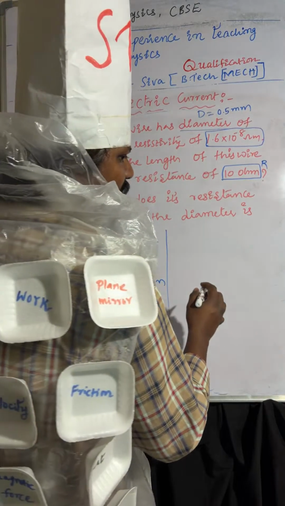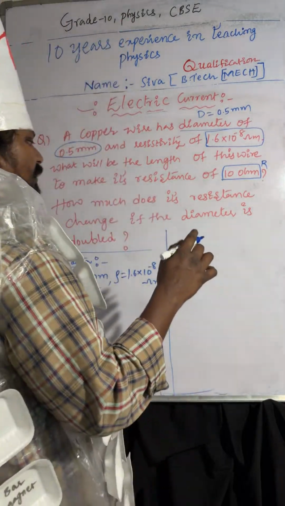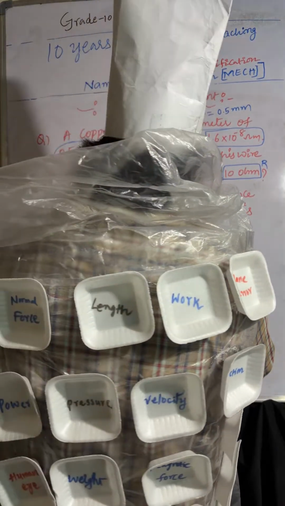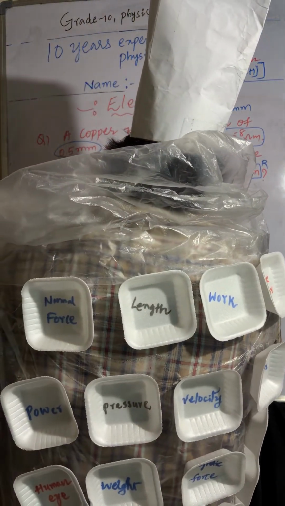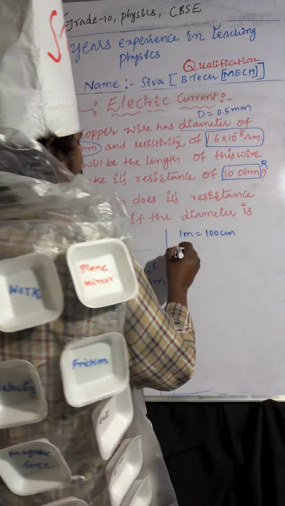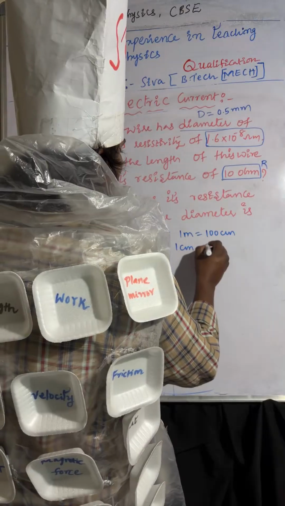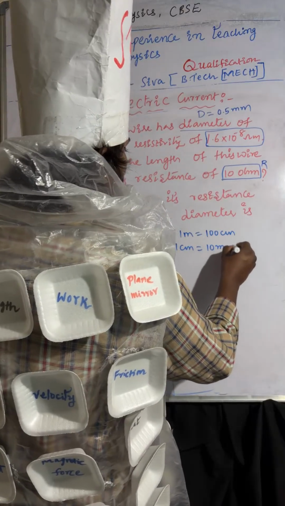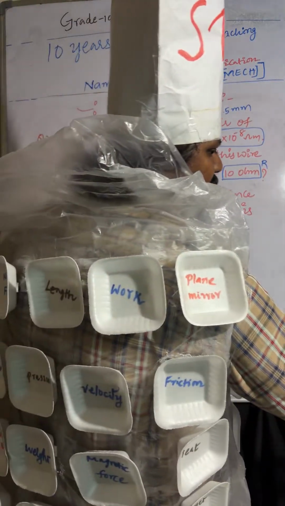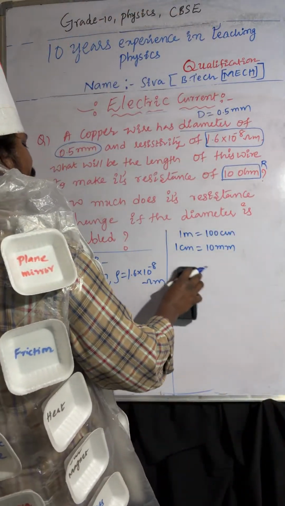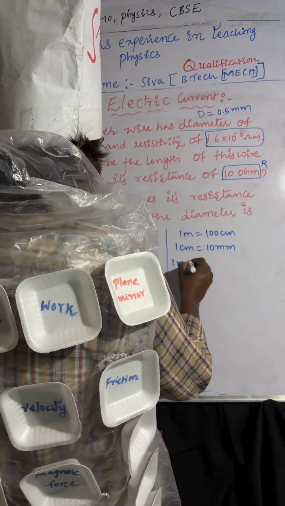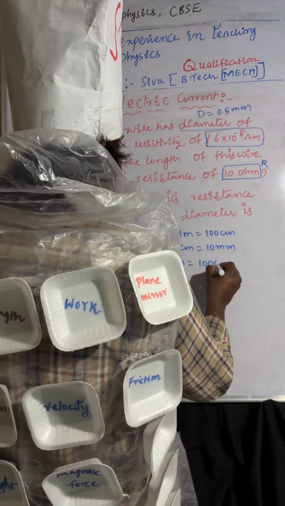Okay, so this conversion is very important. 1 meter equal to 100 centimeter, 1 centimeter equal to 10 mm. Because they gave in mm, that's why I am taking 1 meter equal to 1000 mm.